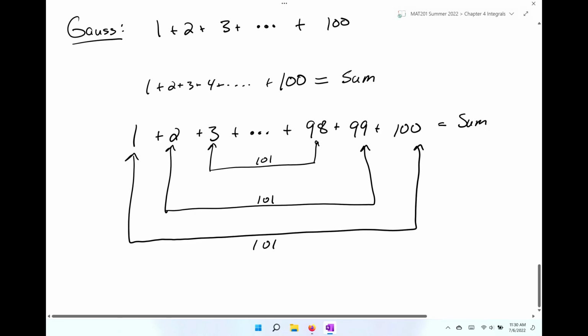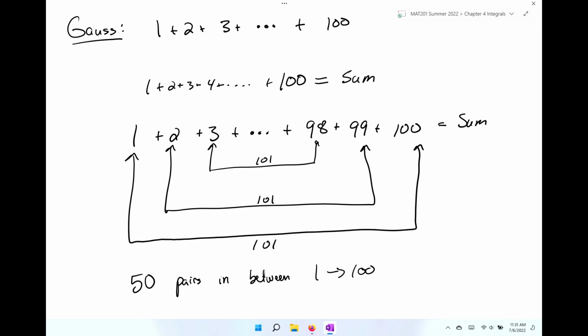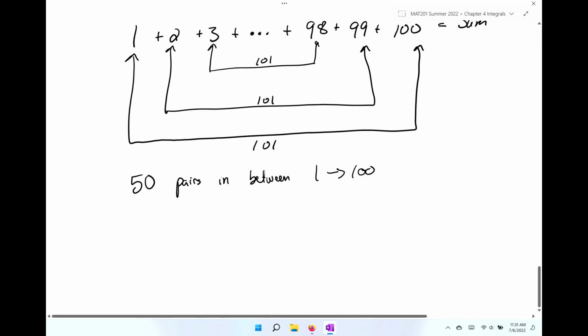And since there are 50 pairs of numbers between 1 and 100, and he knew that when you add up 1 plus 100 and then move inward, 2 plus 99, 3 plus 98, and so forth, all Gauss did was take 101 times 50 and find the answer to be 5,050.